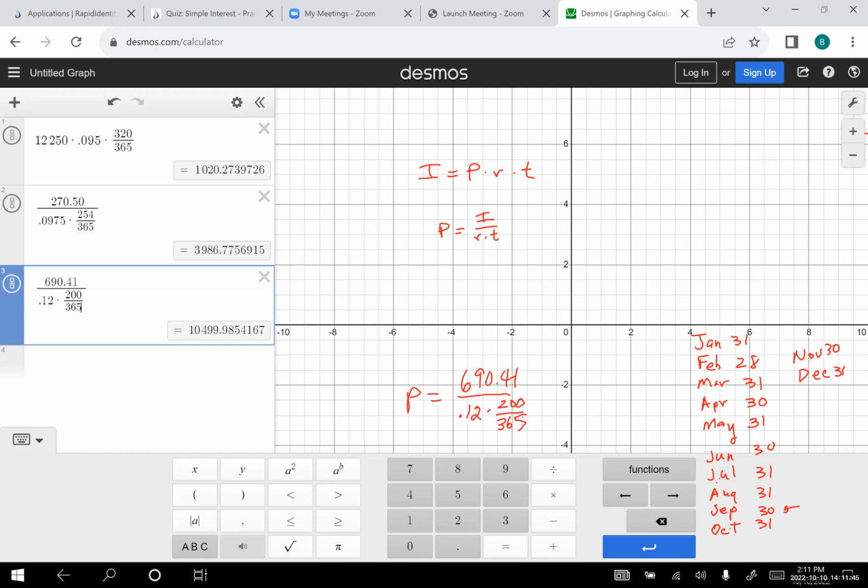So I get 10,499.98. They asked it to be the nearest whole dollar amount. So that'd be 10,500.